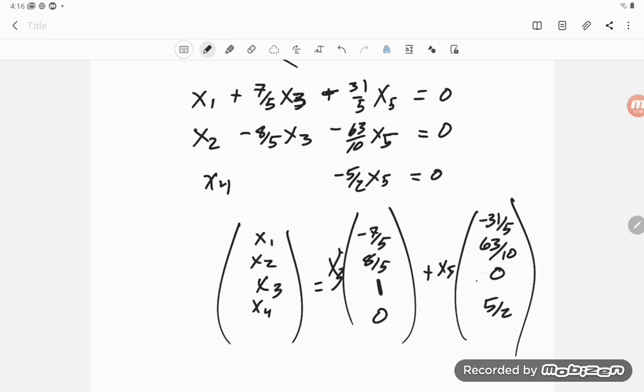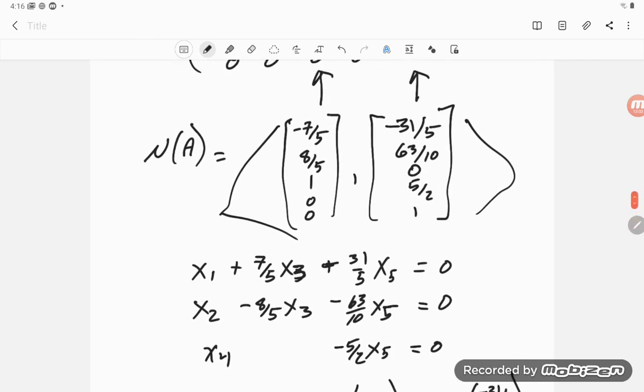Okay, so x3 is fine because we don't want x5 messing with x3. x3 is arbitrary. It gets to choose its own fate. And then I can put an x5 at the bottom and put a 0 there and a 1 there. So that is where that extra 1 and 0 are coming from.